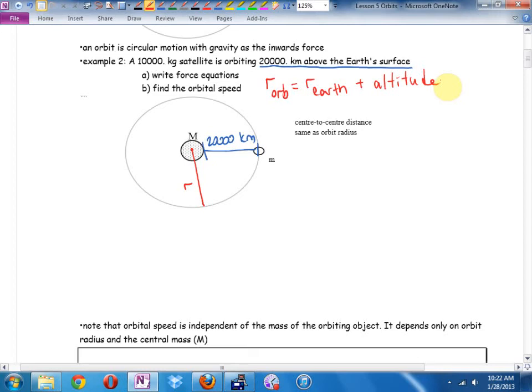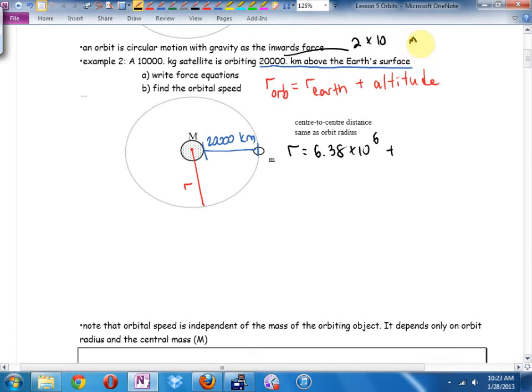So in this situation, 6.38 times 10 to the 6th plus 20,000 kilometers. 20,000 kilometers is how many meters? Take that 20,000 and multiply it by 1,000. 2 times 10 to the what meters?